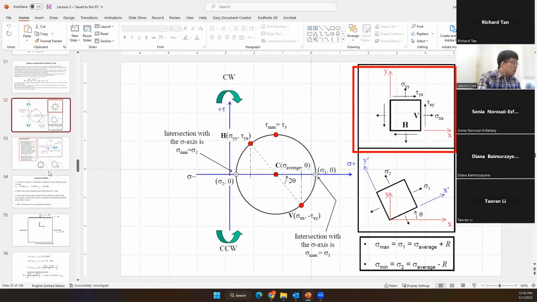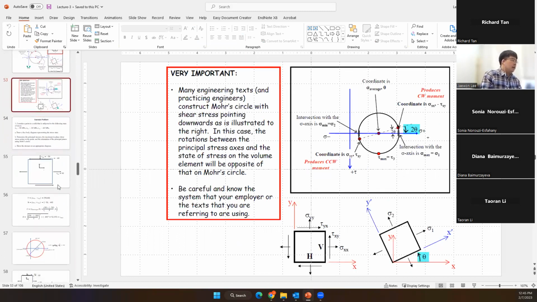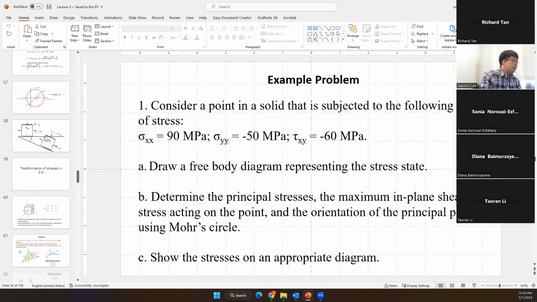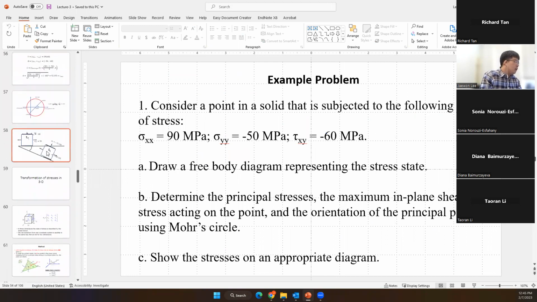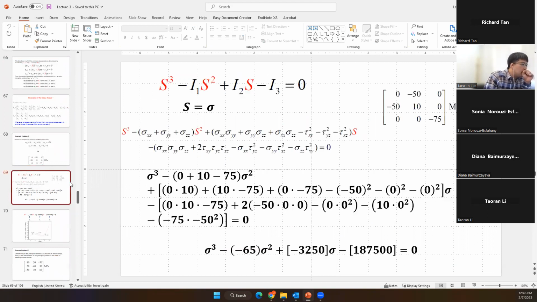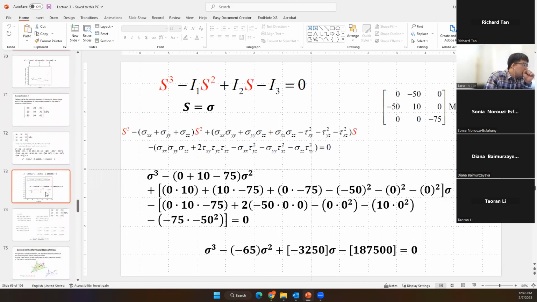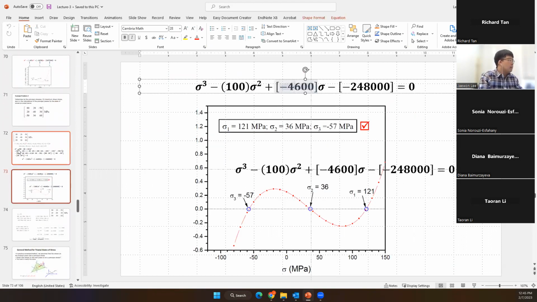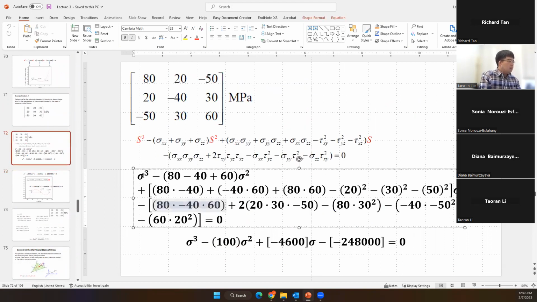And I'm really sorry I missed the last two lectures. Last week I made a mistake in these examples. Please double check. I made a mistake here, so please revise your solution.